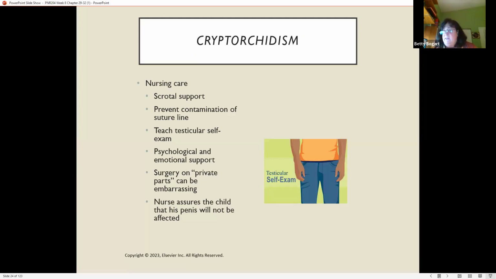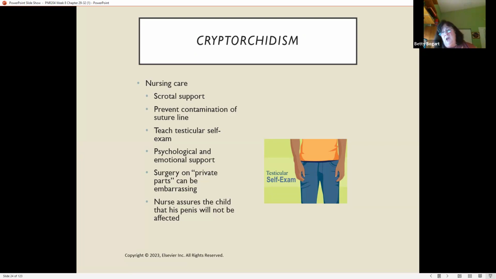We have to protect that suture line. Remember, this is by the urine and the stool. So keep it clean. As they grow, just like women do breast examinations, men should be doing testicular exams, and even young kids, just to make sure, especially if they had a problem and needed surgery when they were younger, okay?